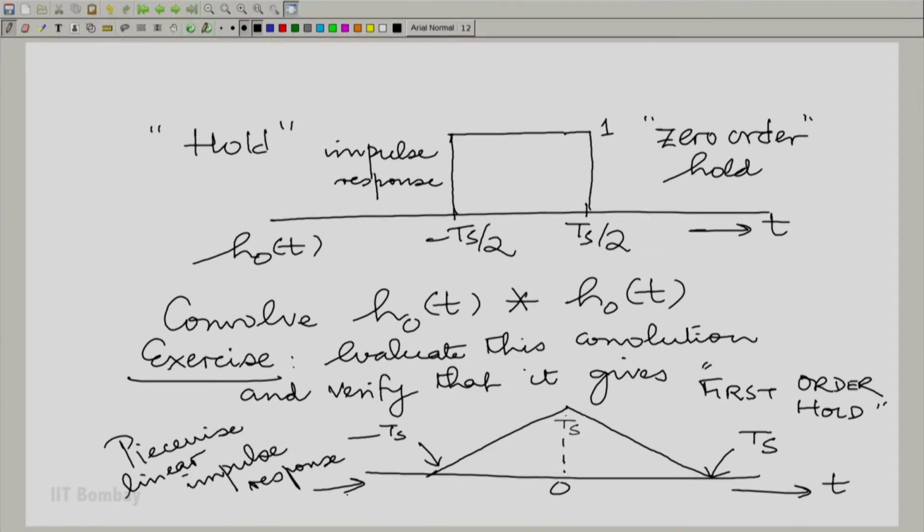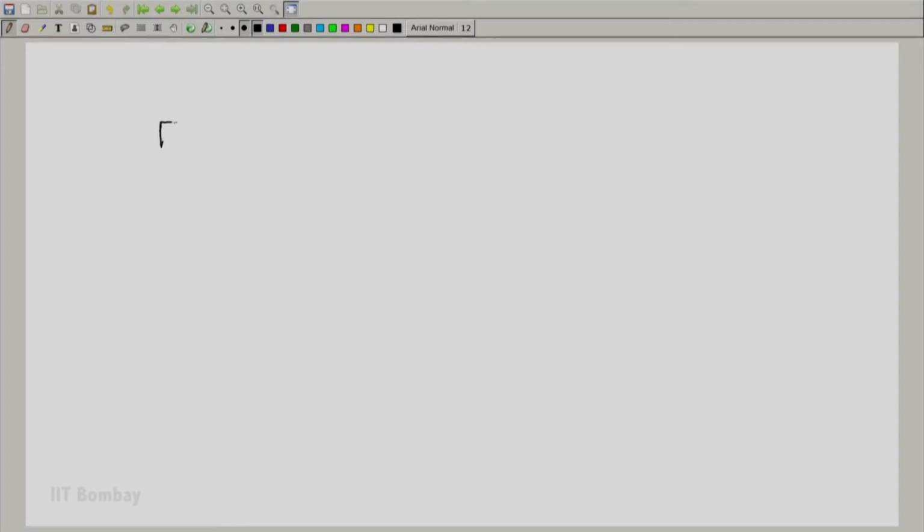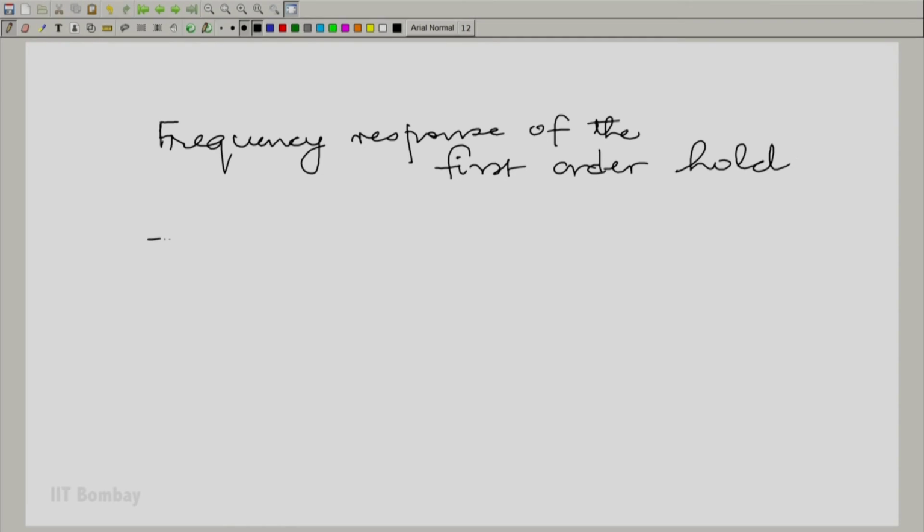Now, once we see this impulse response in this perspective, it is very easy to see the effect in the frequency domain. When you convolve a function with itself, you are multiplying the Fourier transform by itself. So, you can immediately write down the frequency response of the first order hold. It is the square of Ts e raised to the power minus j omega Ts by 2.